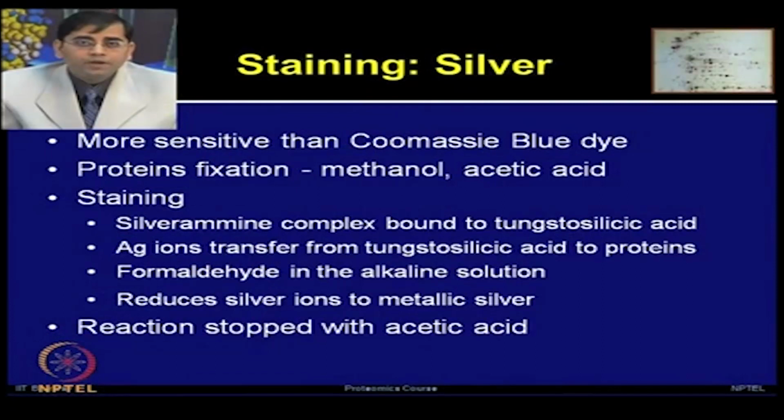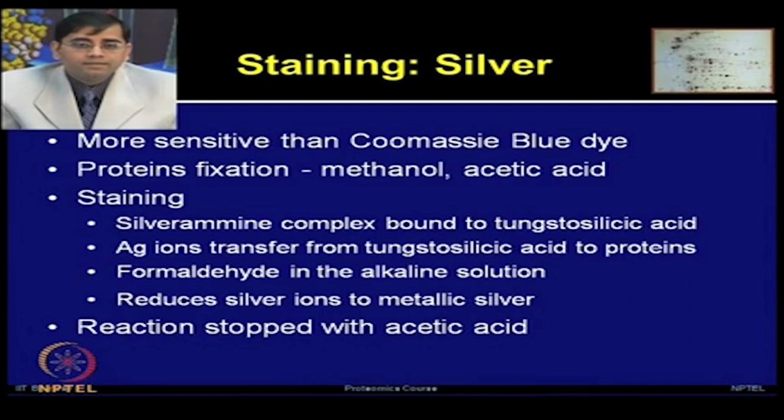First of all, when you have run your 2DE gel, you need to do the protein fixation in the gel by adding methanol and acetic acid. The staining procedure involves silver amine complex, which is bound to the tungstosilicic acid.